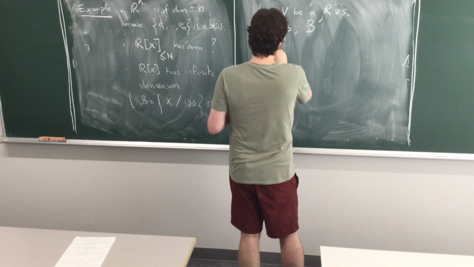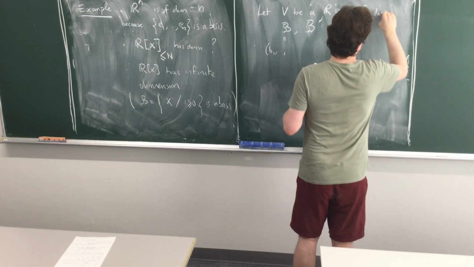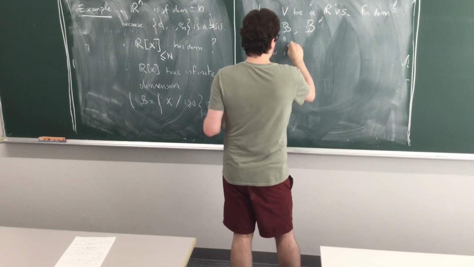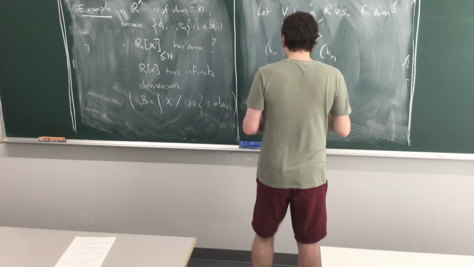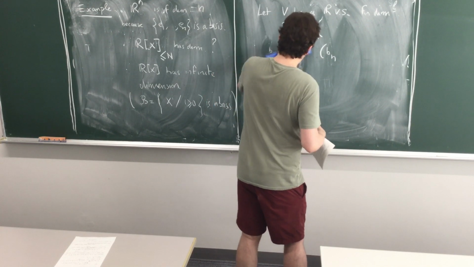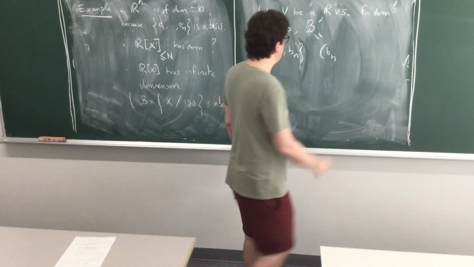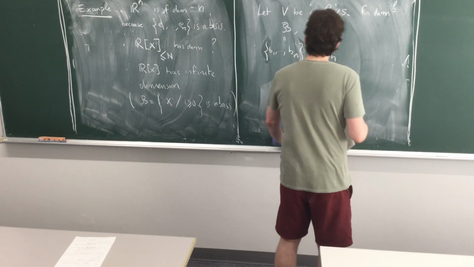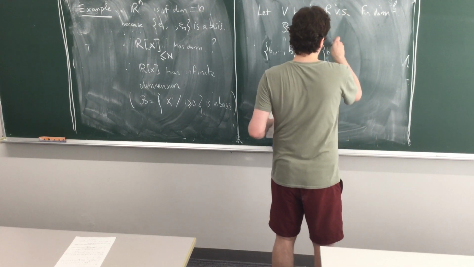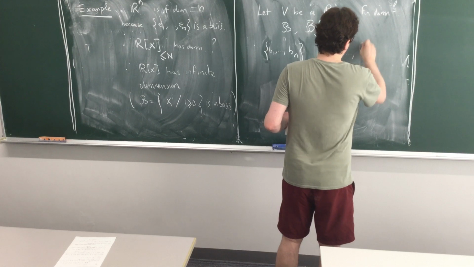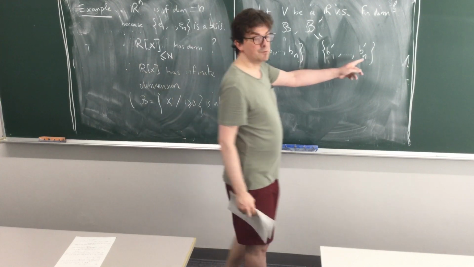Let's say that it is finite dimensional. Here, for sure, we know that we can have two bases, but they will have the same number of vectors. So here I will have n vectors, b1, ..., bn, and another basis will have some vectors b prime 1, ..., b prime n. The main point is that this is necessarily the same number of vectors.